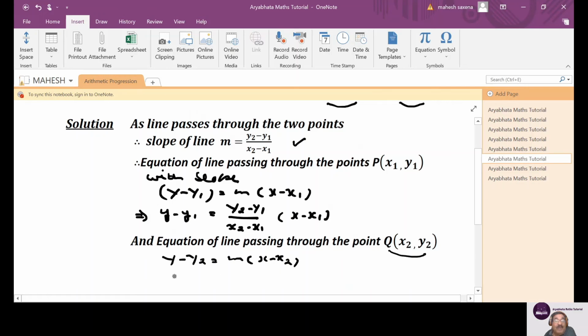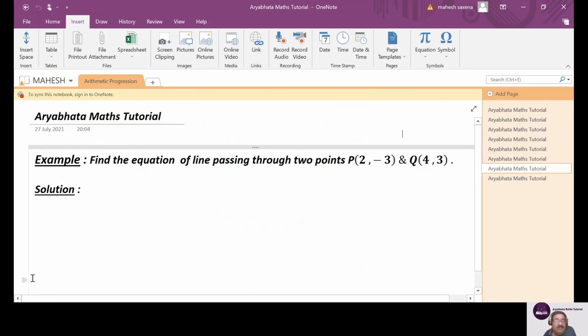Therefore, the equation will be y minus y2 is equal to y2 minus y1 upon x2 minus x1, into x minus x2. We can find the equation of line either by assuming this equation or by assuming this.